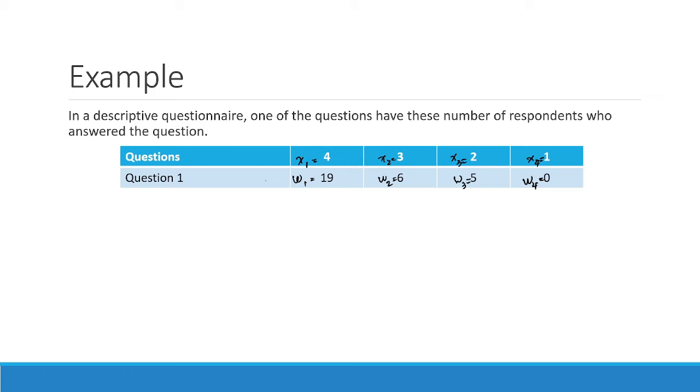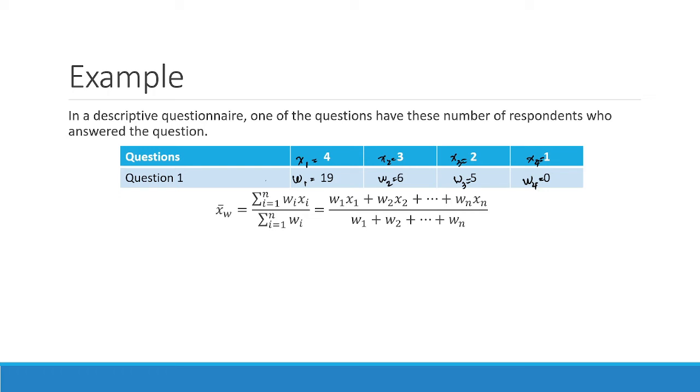If you notice, this is just one question. Usually, a survey has a lot of questions, so you will do this repeatedly, wherein you multiply the weights by their corresponding values, then divide by the sum of the weights. As you can see here, this is our formula.